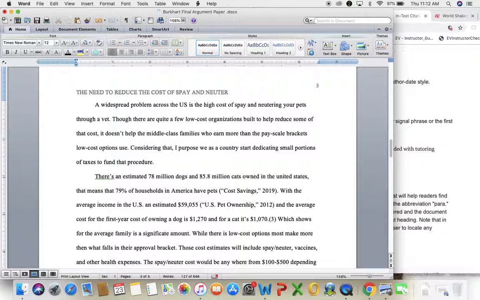So that's how you would do that in-text citation. I just wanted to give you some information on that because you need that for this paper, but you're also going to need it when you're asked to write other papers in other courses at Embry-Riddle because they almost all use APA. Pretty much like 98% of the courses use APA.